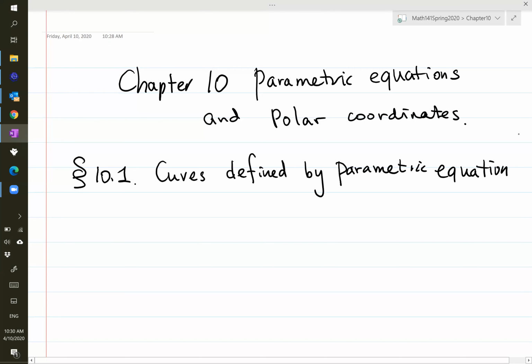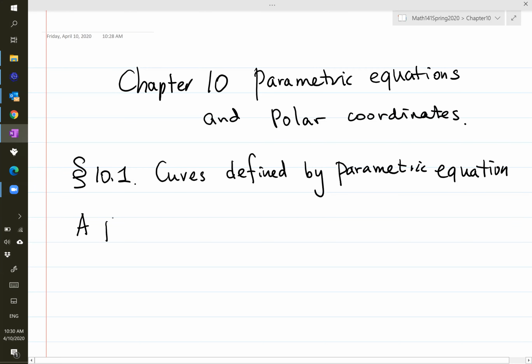Okay, first we define a plane curve. So what is a plane curve? We introduce a little bit of the theory of plane curves. A plane curve is a collection of points on a plane obtained in a continuous manner.